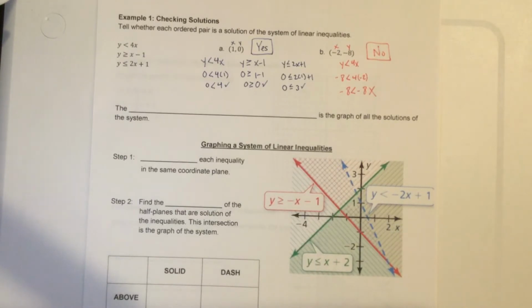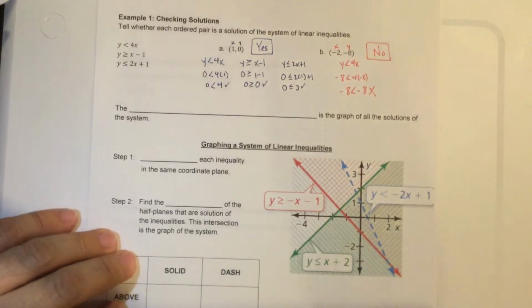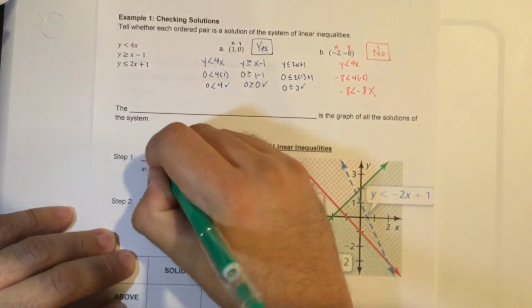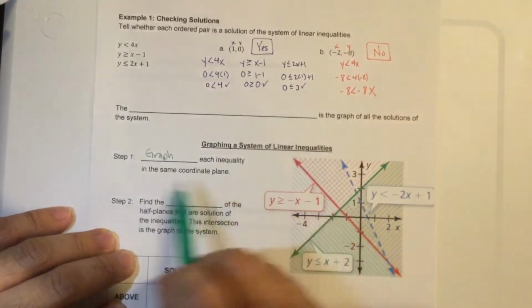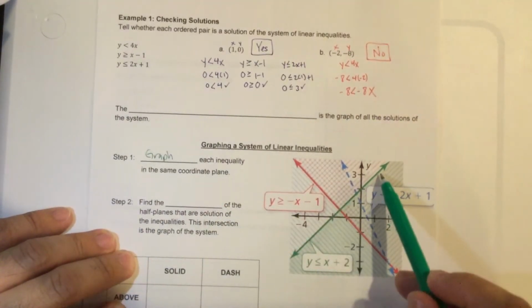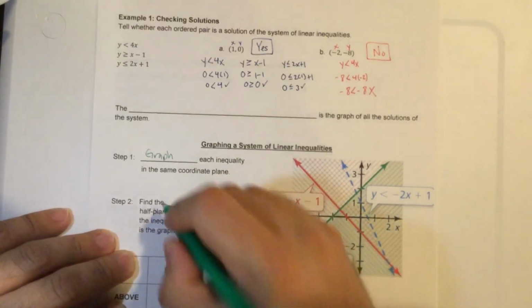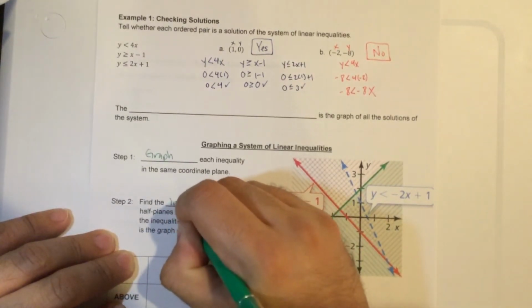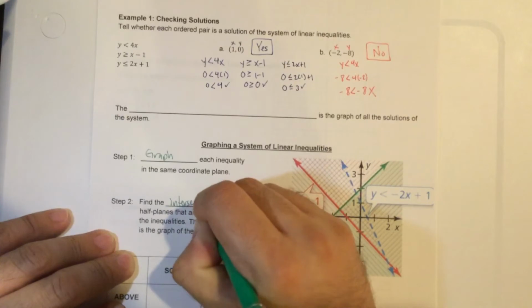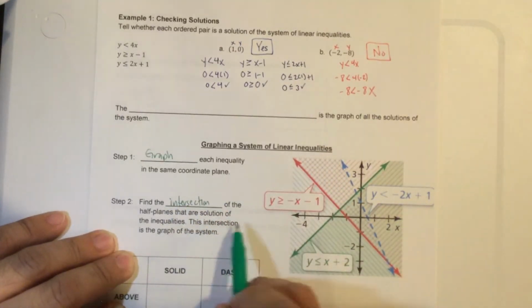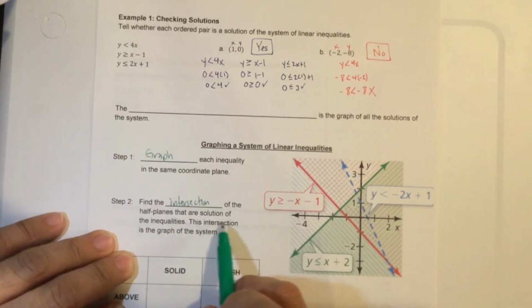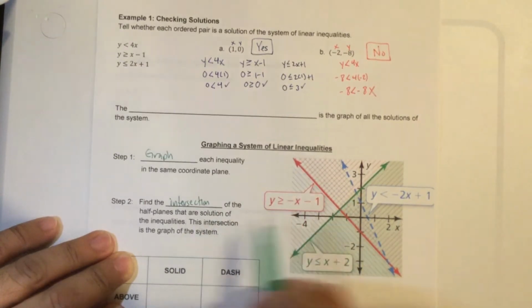All right, for the next thing, it says graphing a system of linear inequalities. So graph each inequality in the same coordinate plane. So you can see there are 3 equations being graphed. Find the intersection of the half planes that are solutions of the inequalities.